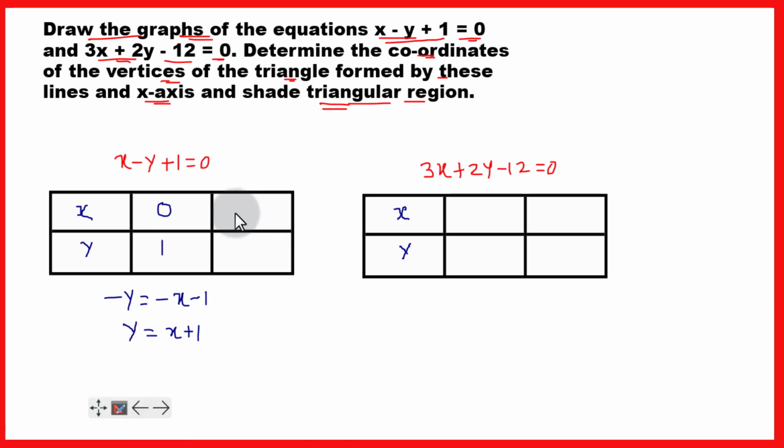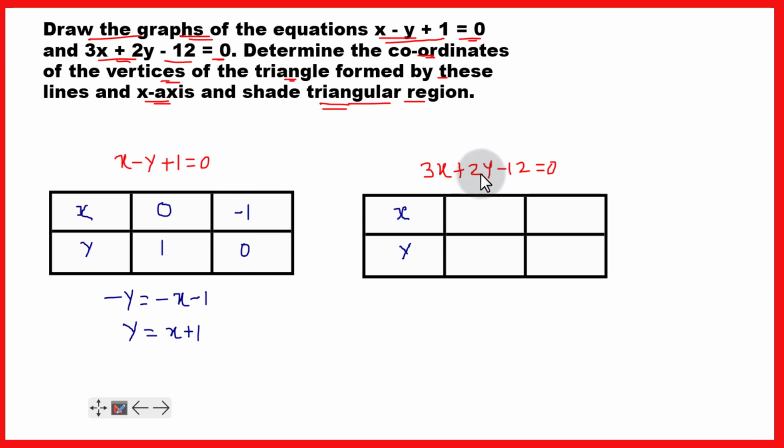Now take the value of x as minus 1. Minus 1 plus 1 will be 0, and therefore the y coordinate will be 0. You can find the third set of coordinates also. It is always better to find the third set also. Don't go with just two coordinates. Here I know these values are correct, so I am keeping myself to two sets of coordinates.